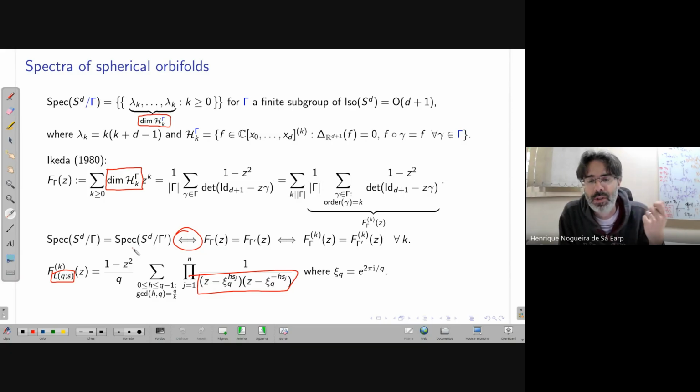Because it has to do with studying the Laplacian acting on homogeneous sections, which both have a representation-theoretic description, and then trying to see whether the torsion being special has any spectral consequences. And from what you're telling me, it's not the case.